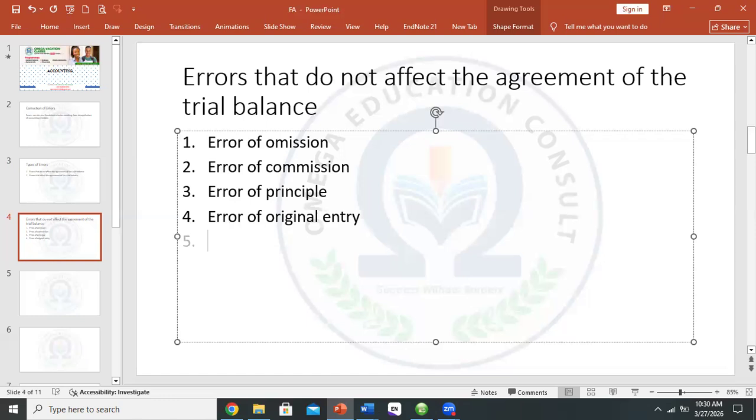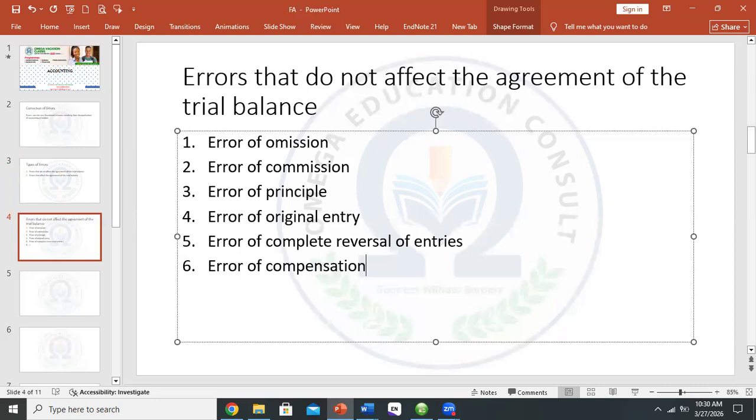We have error of complete reversal of entries. We have compensating errors or error of compensation, and finally error of duplication.